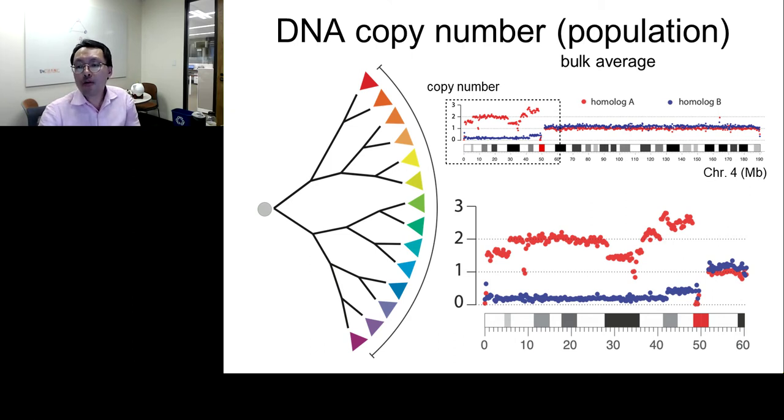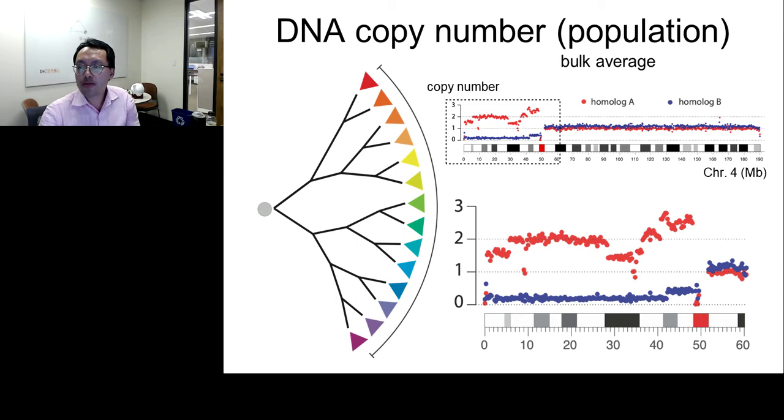Now, one feature I want to emphasize is that if you look at the DNA copy number of the blue or the red homolog, normally for one cell with a single copy of both homologs, you would expect to see an integer DNA copy number of either the red or the blue allele. Here, you don't see integer copy number. In fact, the DNA copy number is almost always between integer states.